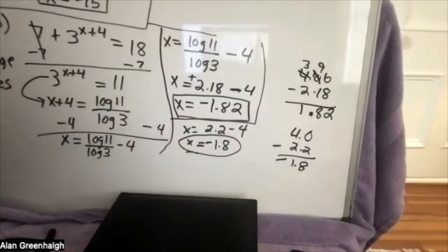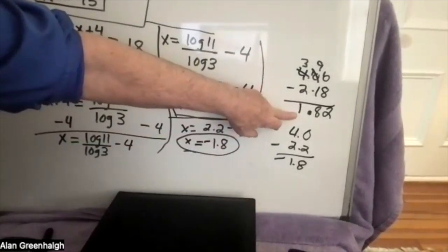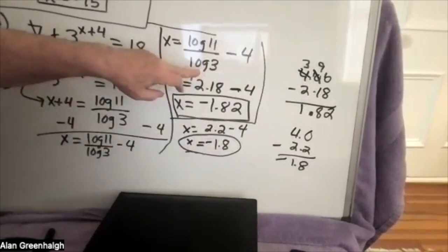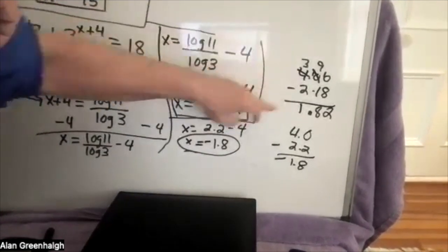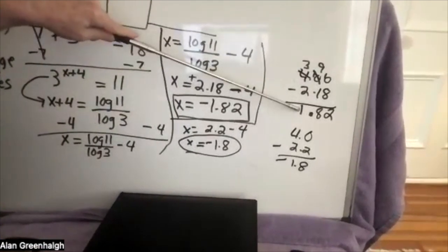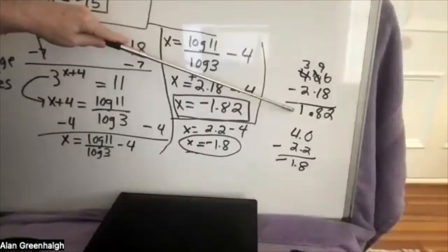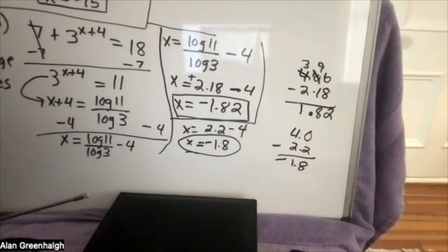No, the last answer, the top one, the x equals. But I did it separately. I did log 11 first and then log 3. And then you divided them? Yeah, and then I subtracted negative 4.